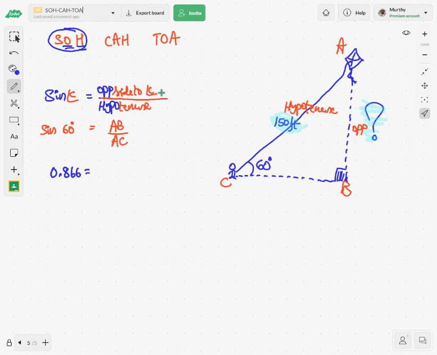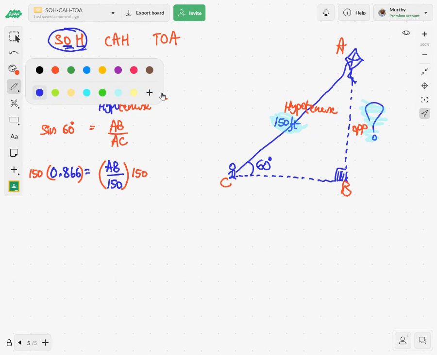0.866 equals AB, which is the opposite side I don't know, over the hypotenuse, which is 150, and here onwards you know how to isolate AB. We go for inverse operation, we multiply by 150 on both the sides. So let me quickly grab my calculator, and what is the value of AB?